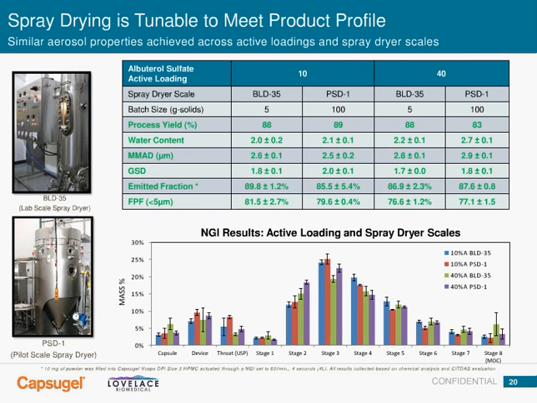Similarly, taking advantage of a formulation like leucine, which modifies or controls the surface morphology, we can go across very different active loadings and have almost an active independent platform in certain cases, and certainly with water-soluble compounds, where across active loadings and again across batch sizes and scales, we get very similar yields, water content, and aerosol properties.